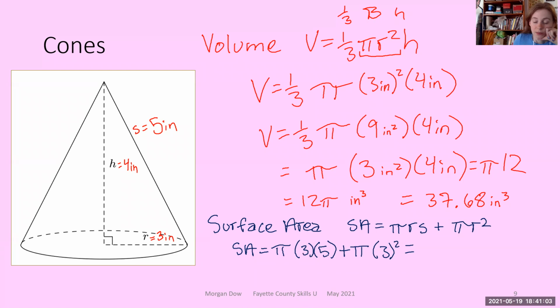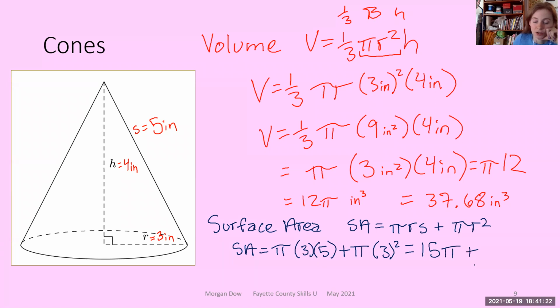So pi times 3 times 5. I can do 3 times 5. That's going to be 15, pi times 15. I'll write that in the more usual way. I'll write it as 15 pi. So pi times 3 times 5, I just turn that into 15 pi.